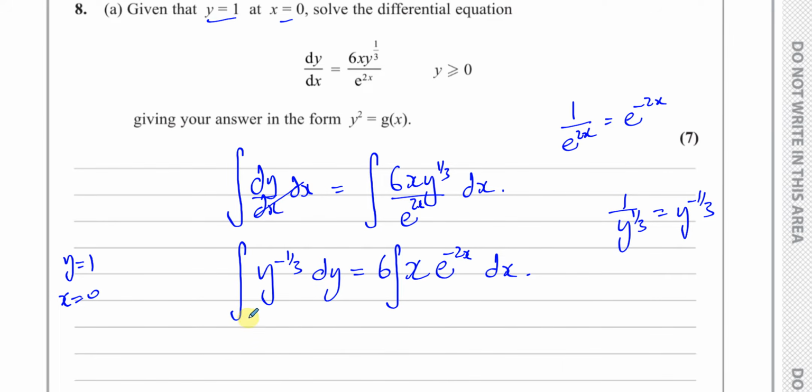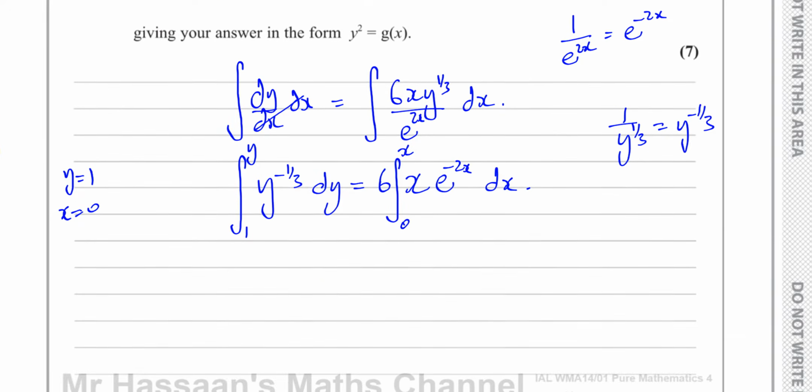When y equals 1, x equals 0. And I also know that I want to find y in terms of x. So I'll put y here, x there, 1 here, 0 there. That's going to help us now when I integrate and I want to find the value of the constant of integration. This will automatically give me it without any bother. It makes life way easier.